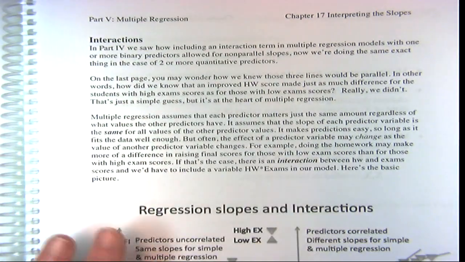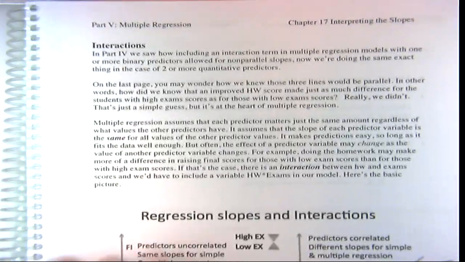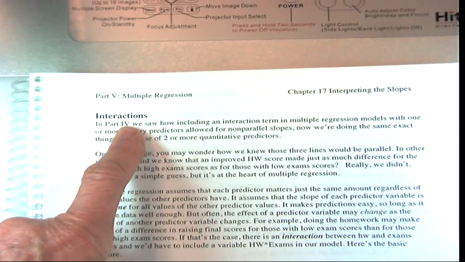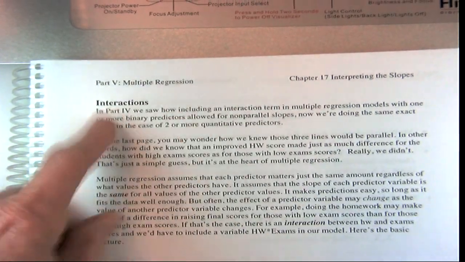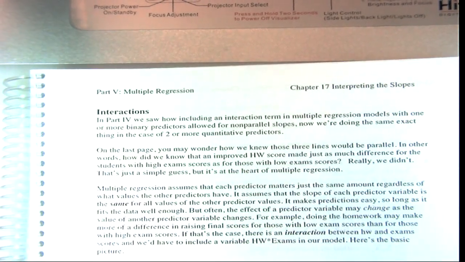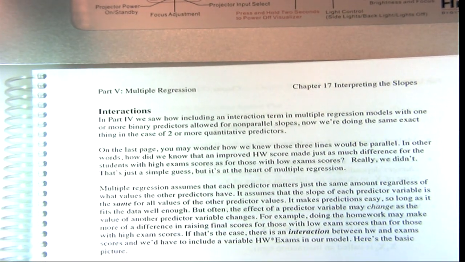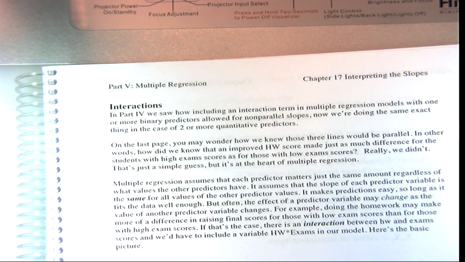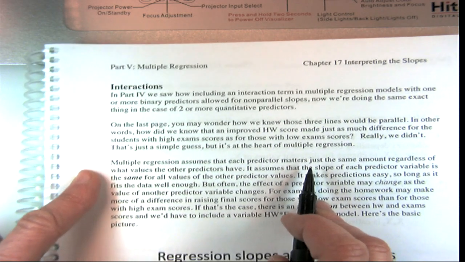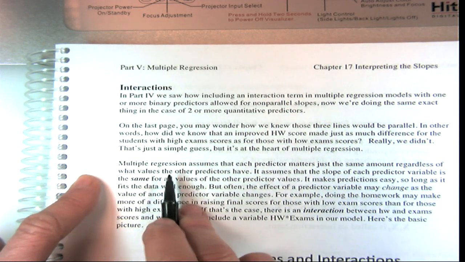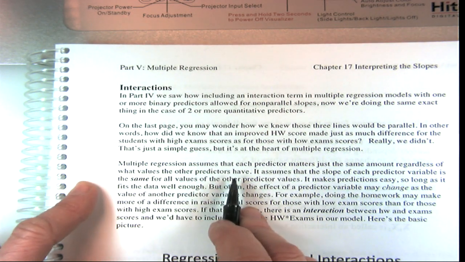So far we've assumed that unless we had an interaction term, we have these parallel slopes, right? Multiple regression assumes that each predictor matters just the same amount, regardless of what the values of the other predictors have.